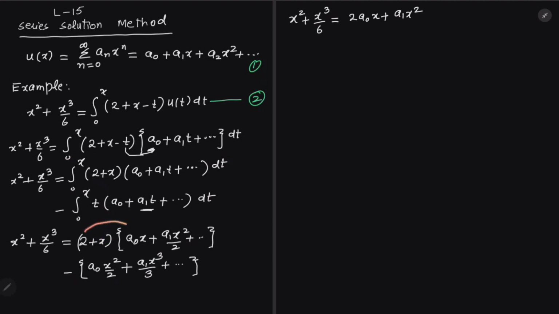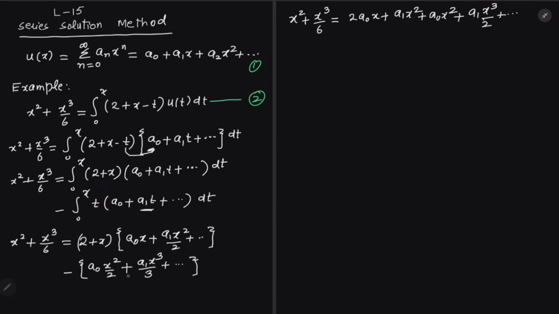So we multiply 2 with a naught x, then multiply 2 with a1 x squared by 2. Similarly, we multiply x with a naught x, we get plus a naught x square. Then we have plus a1 x cubed by 2, and so on.